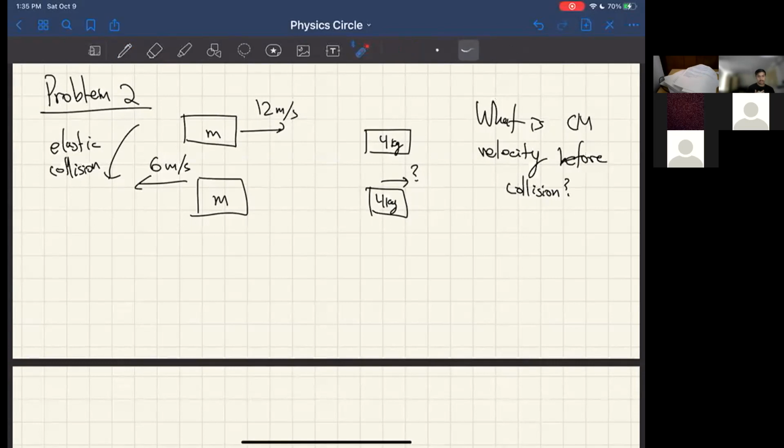The problem is kind of trolling in the sense that it said the center of mass velocity before. Hello, can you hear me? Am I here? Okay. Can somebody explain to me why the center of mass velocity is the same before and after? Somebody said no external forces, but why does that mean center of mass velocity is the same?